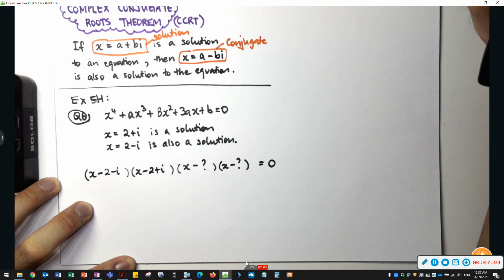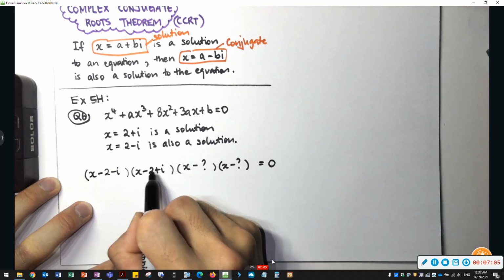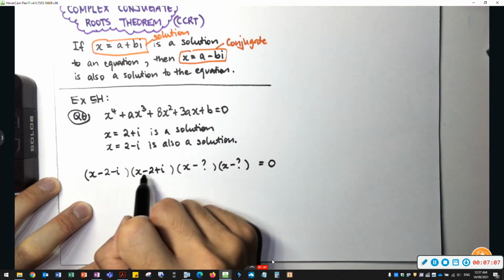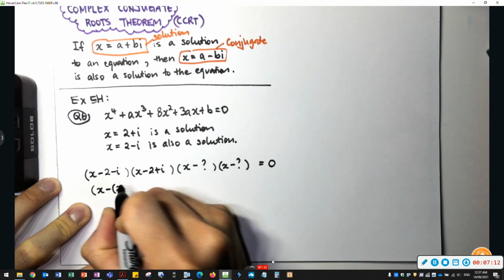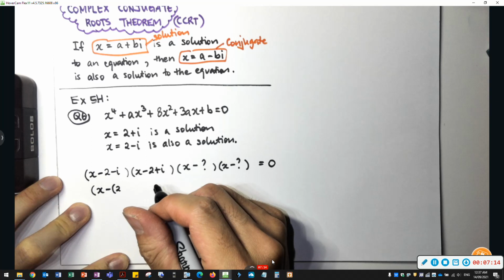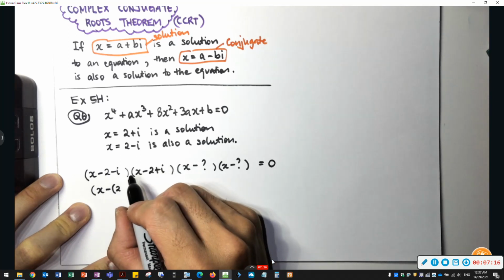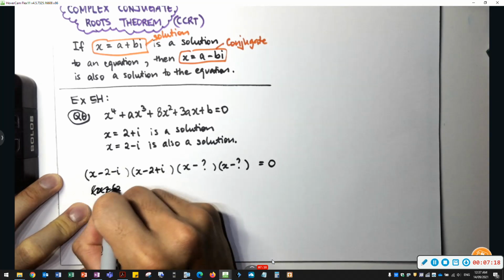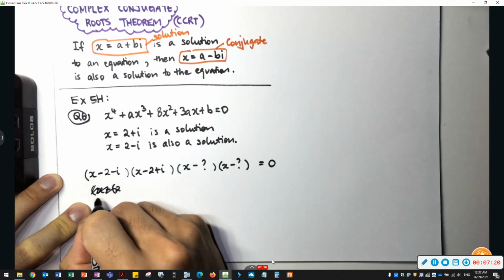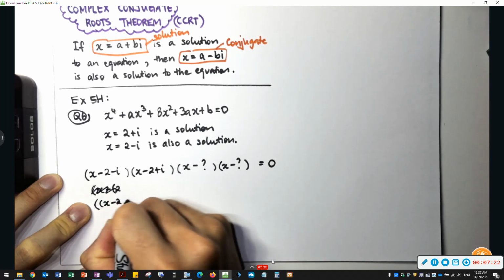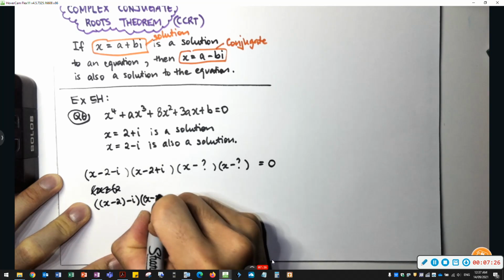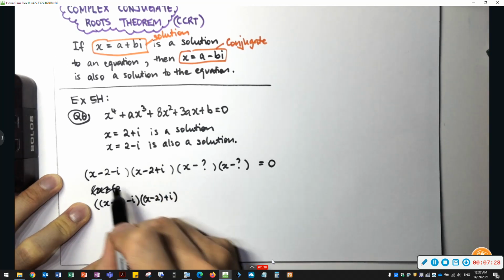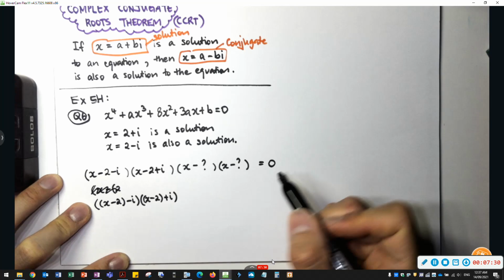Alright, so first up, let's expand these. If you write this in this way, you can utilize the difference of squares. Sorry, I wrote it the wrong way. If I write it like this, x minus 2 minus i, and then x minus 2 plus i, you can see that's the real part and that's the imaginary part.